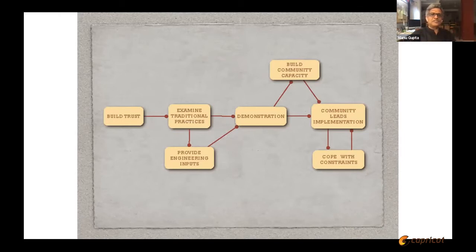So the larger ecosystem is, how do you build trust as an external agency with people who have lost? How do you prioritize housing reconstruction along with other needs like livelihood, health and educational care? How do you create that ownership at the village level?